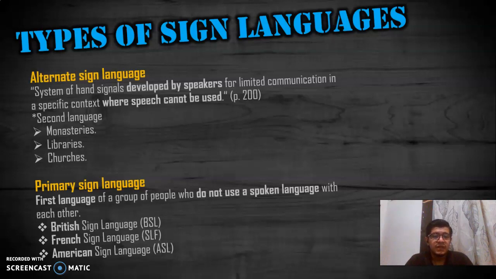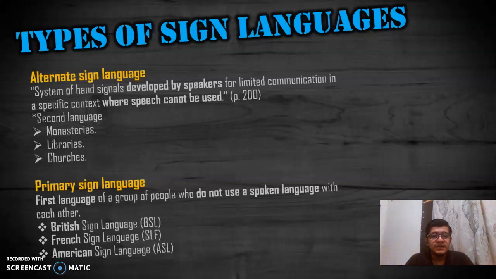The British sign language is the official one from that country, for example, and differently from the alternate, this is like a whole system, like we speak Spanish in El Salvador. This is an independent and whole system.